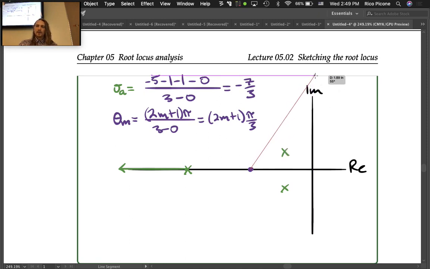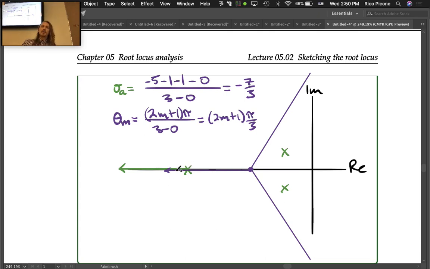So we'll do something like that. Then if you plug in m equals 1, you get 3 pi over 3, or pi, which is just this direction, right? And finally, we plug in m equals 2. We get 5 pi over 3, which is like -60 degrees. Okay, so those are our asymptotes.